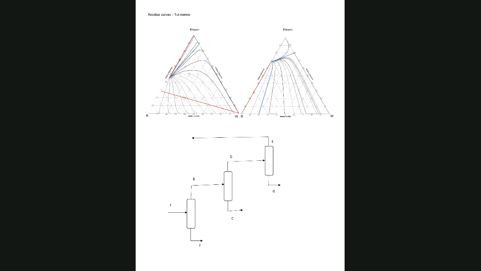Let me go back to text. And we put in text over there, that's F. Right. Now I'm going to draw a line, because if we want to know what are the possible compositions of distillate and bottoms product, we need to draw a residue curve that actually goes through the feed point.